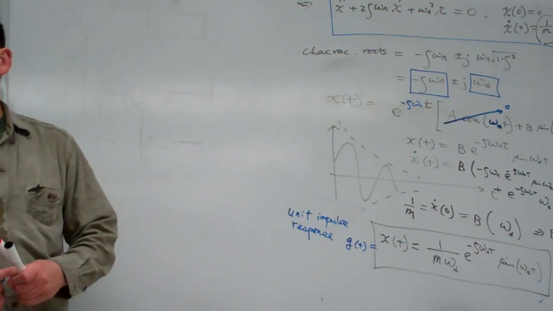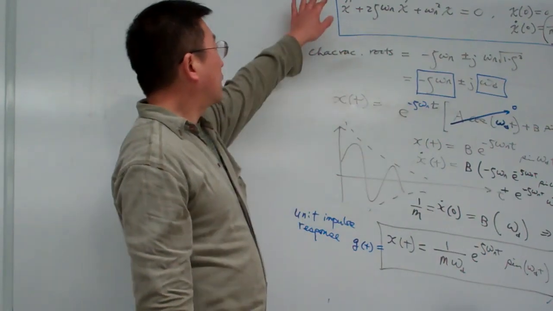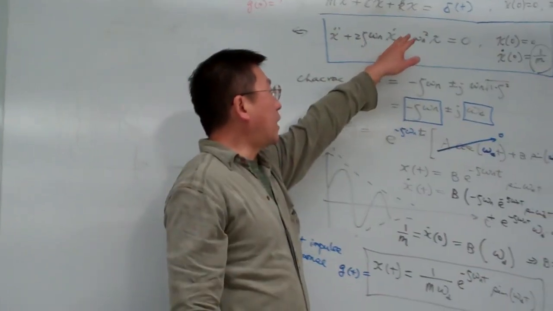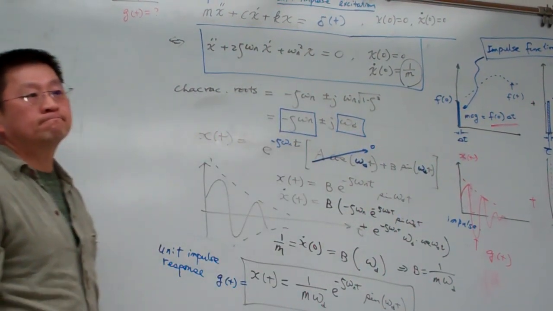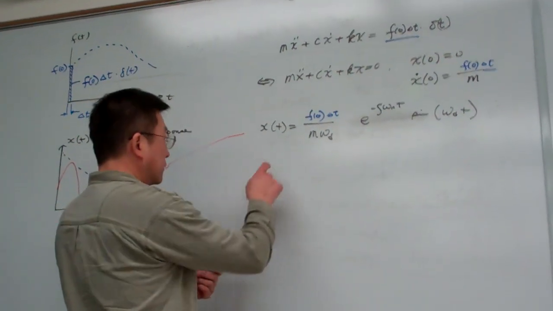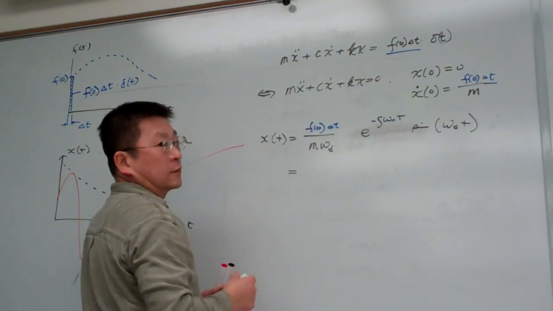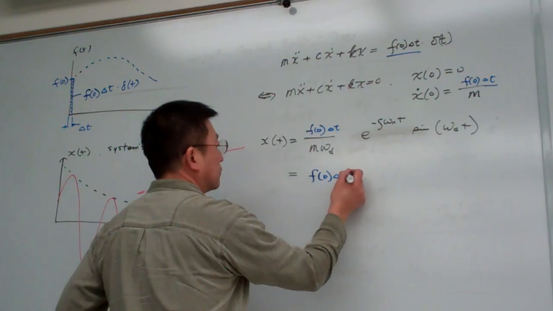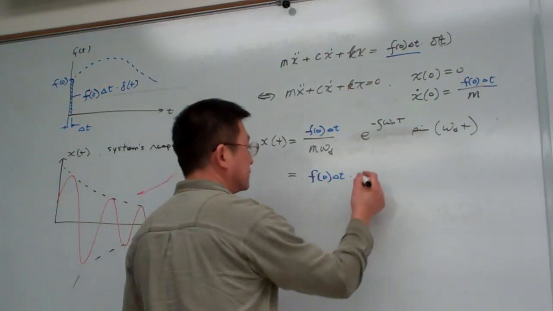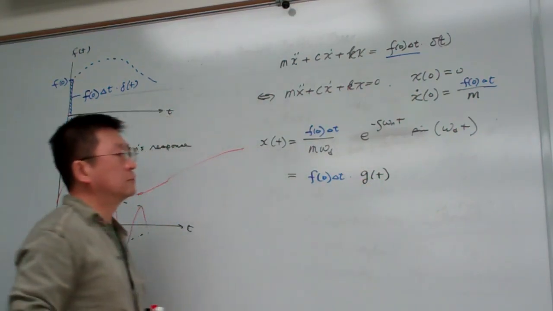So if people ask you what a unit impulse response is, you simply say the vibration system is under this excitation, which is a unit impulse. That's it. Using this notation, for this case, the response is equal to the magnitude multiplied with g(t). You good?